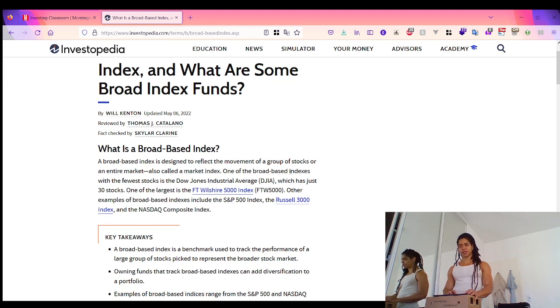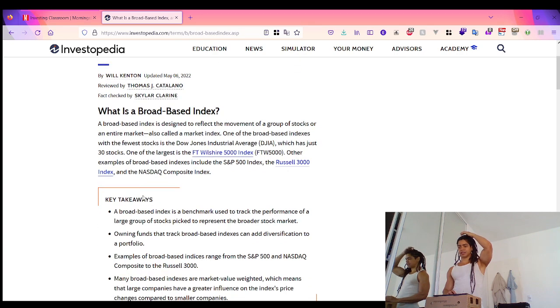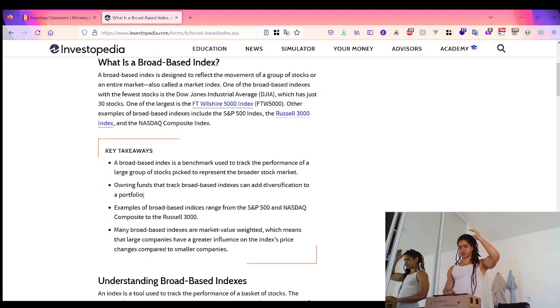One of the broad-based indexes with few stocks is the Dow Jones Industrial Average, which has just 30 stocks. One of the largest is the FT Wilshire 5000. Other examples of broad-based indexes include the Standard & Poor's Index, the Russell 3000 Index, and the Nasdaq Composite Index.